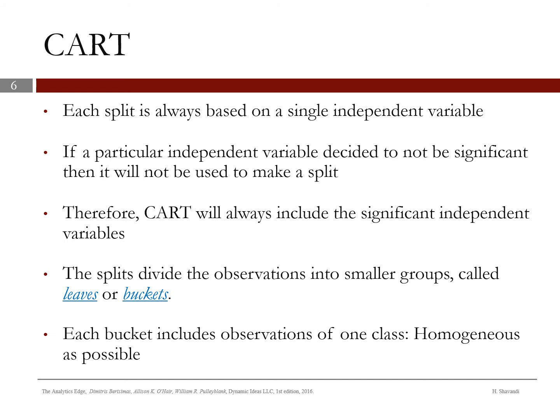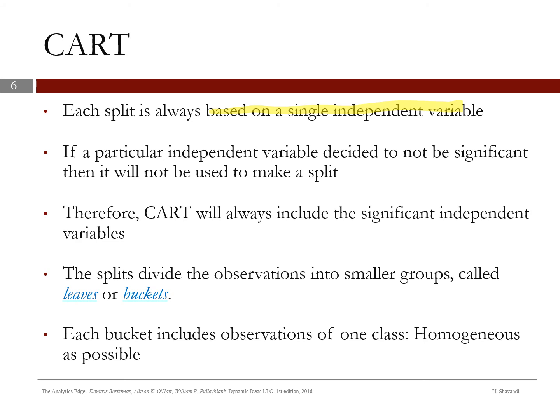So in the code, each split is always defined based on a single independent variable. If we consider an independent variable for a split, that means that variable is significant and important. So we never use insignificant variables for a split.